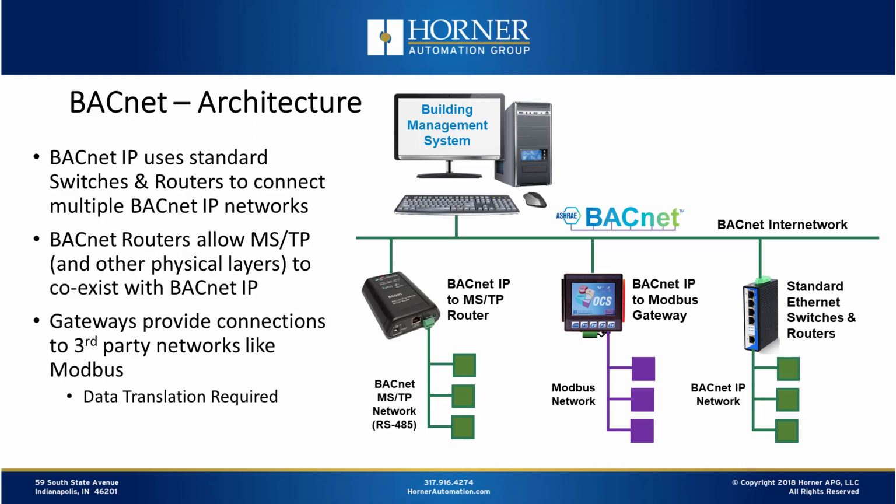And then it's even fairly friendly in terms of supporting things like gateways. You can certainly use one of our products as a gateway to take a legacy network like Modbus, for instance, and exchange data with those sorts of devices that may already be installed in your facility and get those up on BACnet as well. Now, for that scenario where you're interfacing with a third-party network, there is data translation that's required, but that's something that a device like the Horner Operator Control Station can handle.